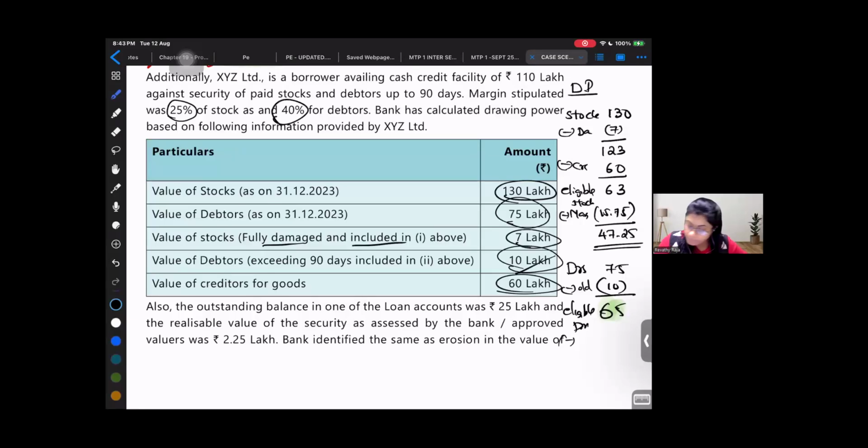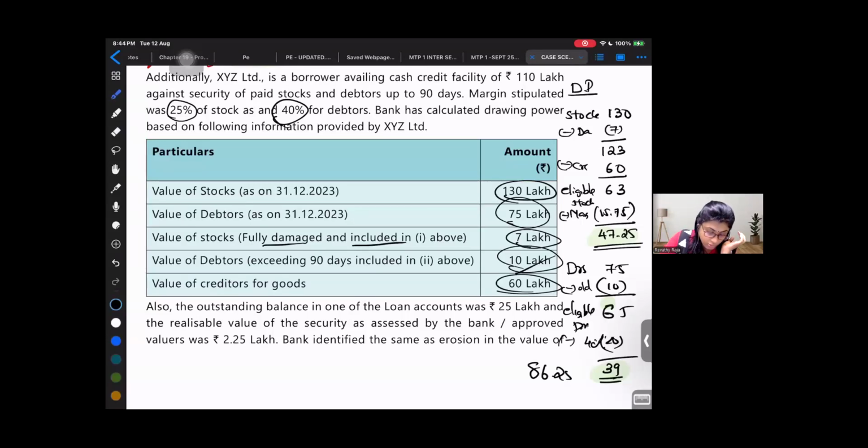Margin is 40%. 65, 40%, please. 26. Minus, please. 39. So can you add 47.25 plus 39? I'm sorry, not 65, 47.25 plus 39. 86.25.